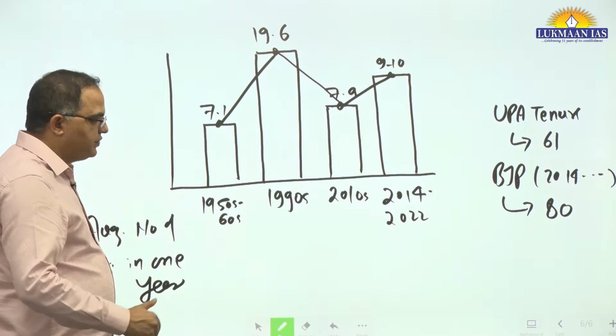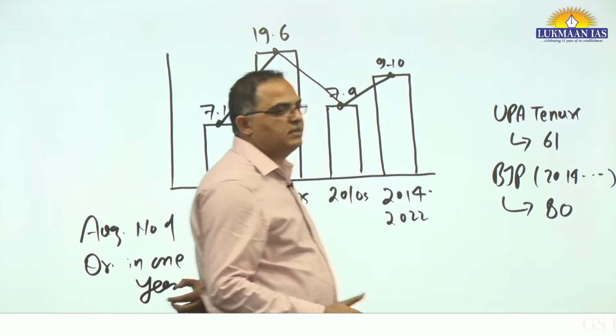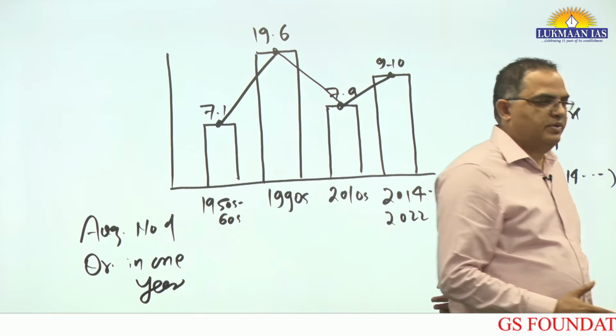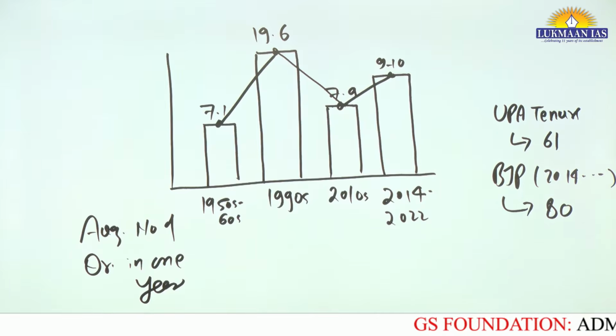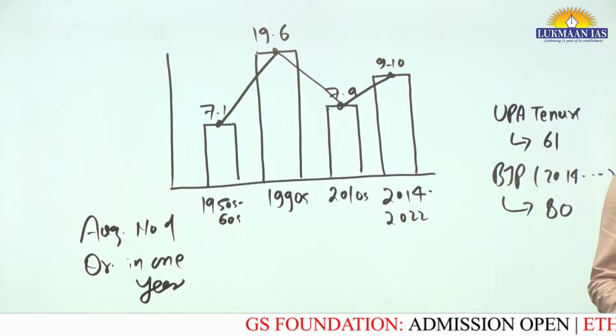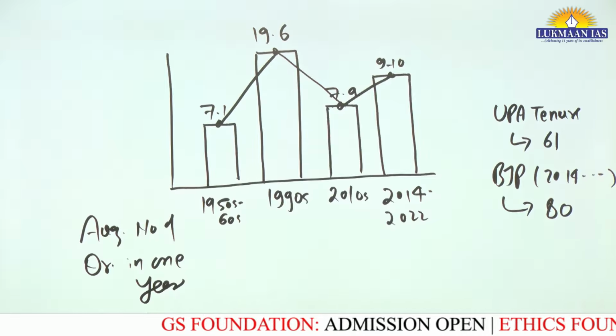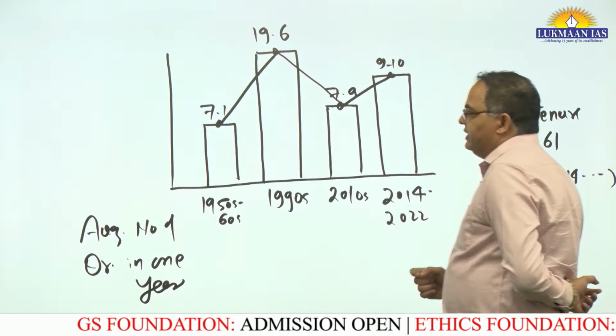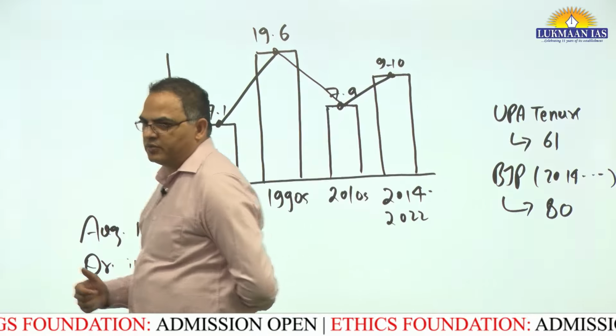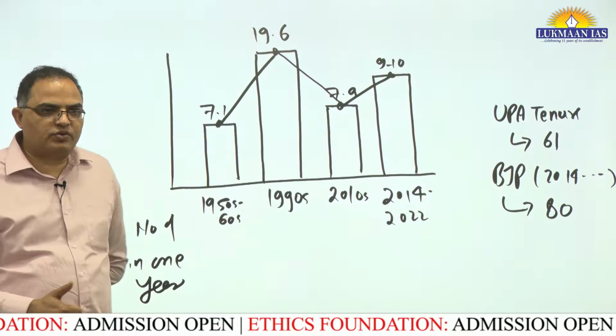So during the 50s and 60s, we had the least number of ordinances. In fact, if you see the 50s alone, it will be even less. Each year, 7.1 means almost around 7 ordinances were issued.